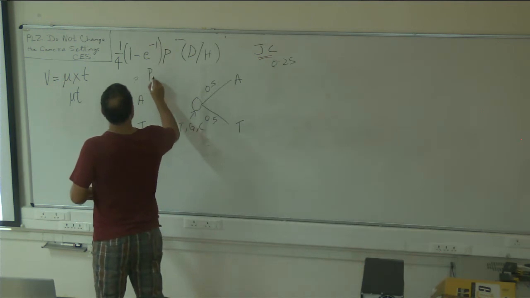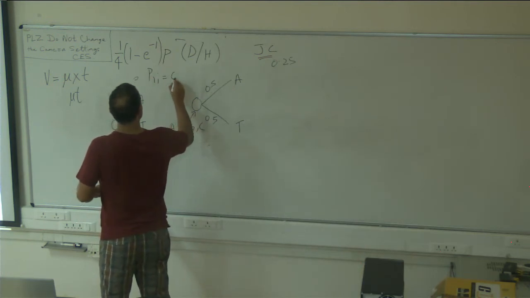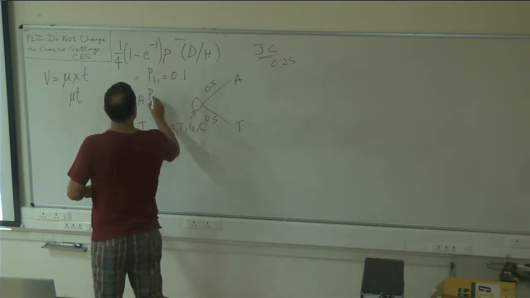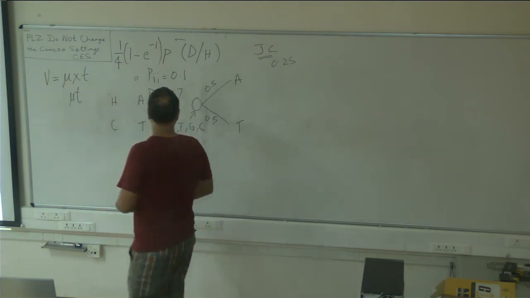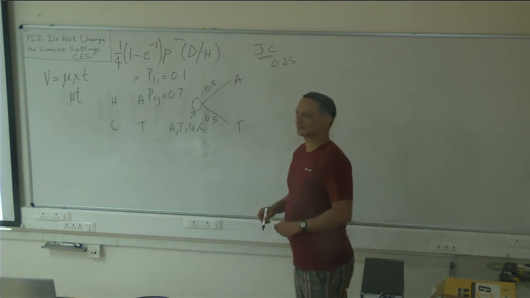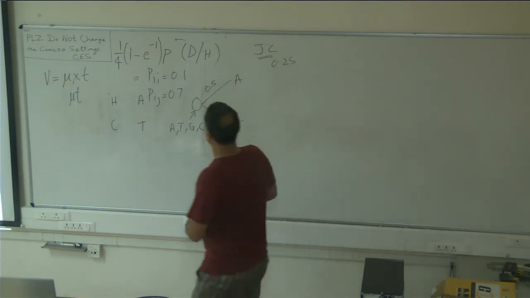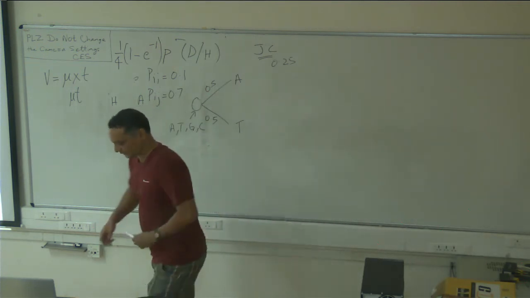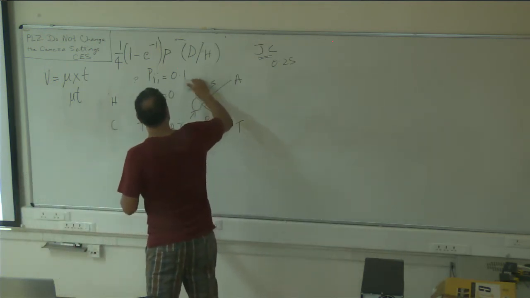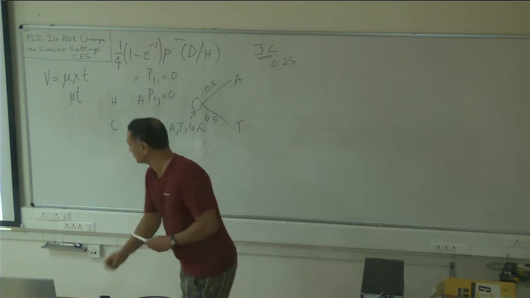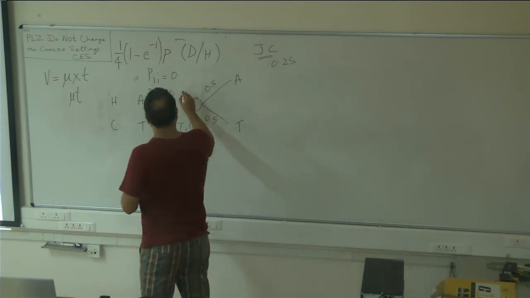So PII is 0.1, PIJ, probability of change, is 0.7. Oh, sorry. 0.1 and 0.7. Okay?